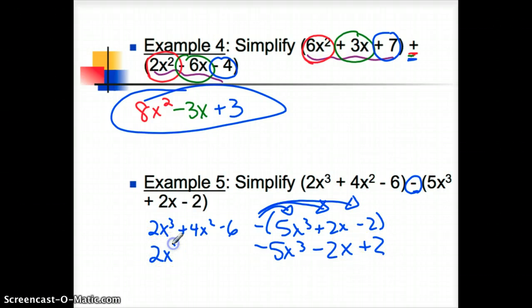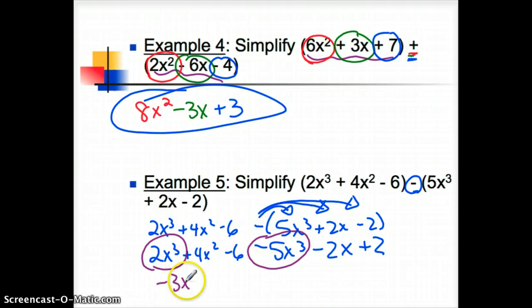I like to do that because then it's just kind of a normal straight adding problem. I don't have to think as much about the subtracting and where that's going to get hard. So again, I'm going to look for my like terms. I got a 2x cubed here and a minus 5x cubed. So that gives me negative 3x cubed. Okay. Then it looks like this 4x squared, there's no other x squared, so that's just by itself.